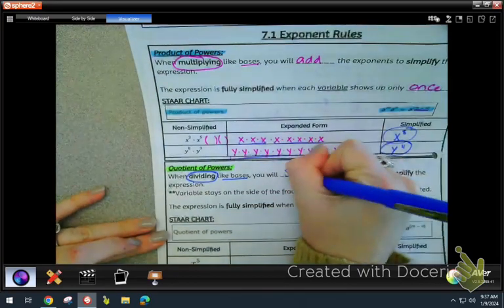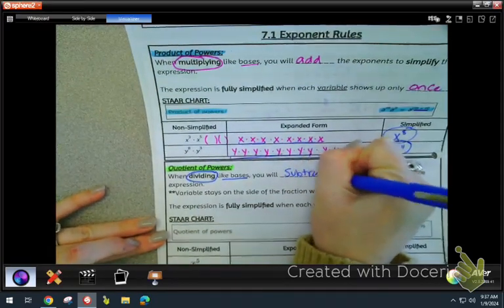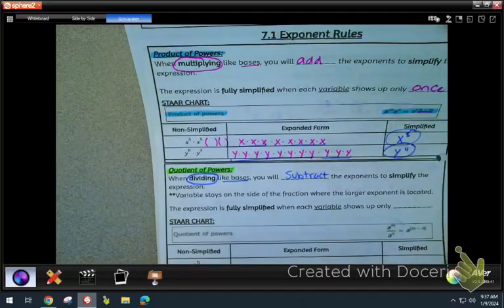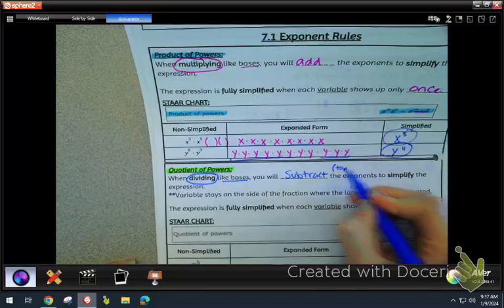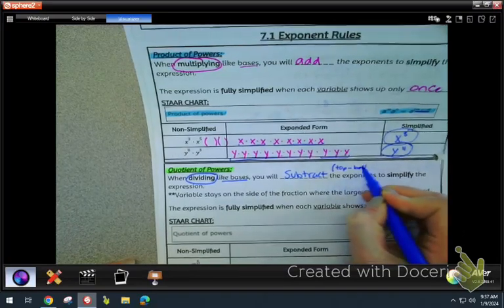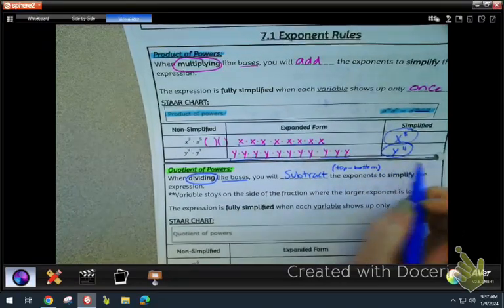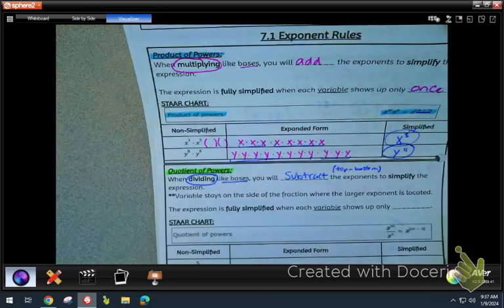Very good. So you subtract, and you need to make sure that you do the order top minus bottom. There's a little shortcut we can think about too, but technically the rule is you are subtracting top minus bottom to simplify the expression.